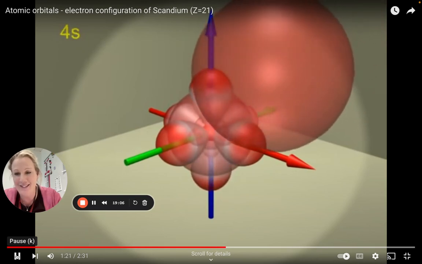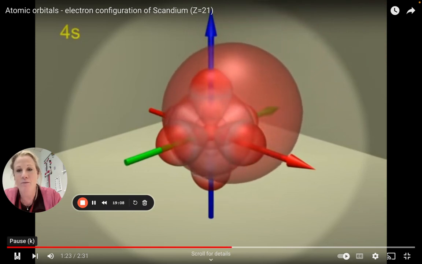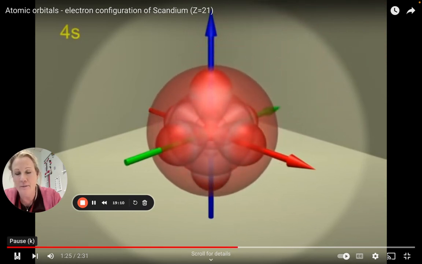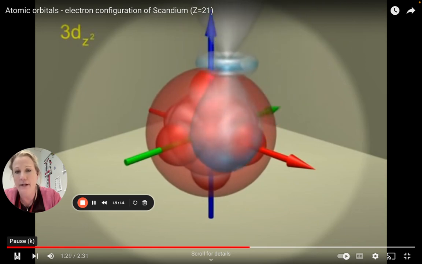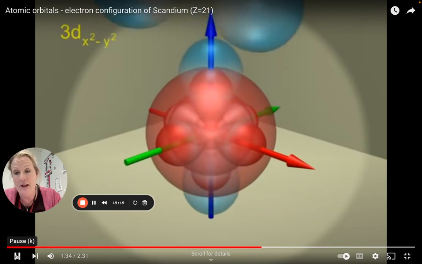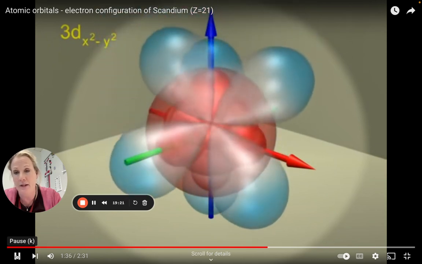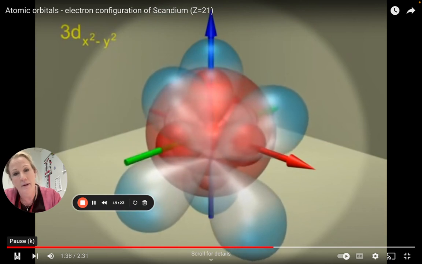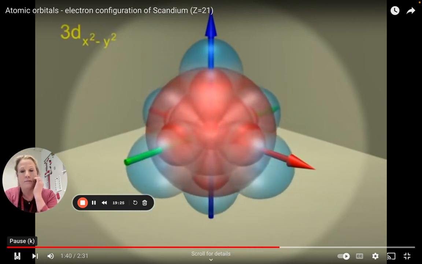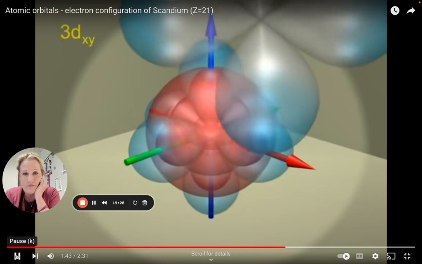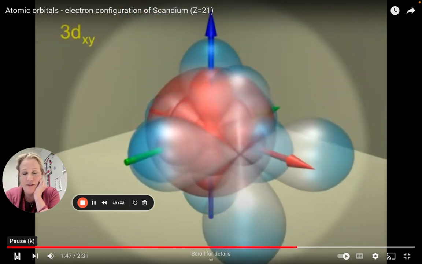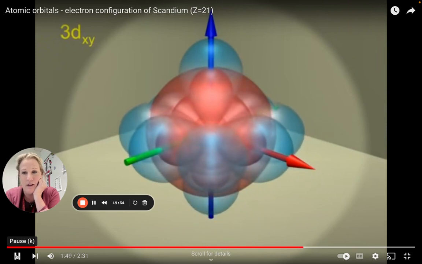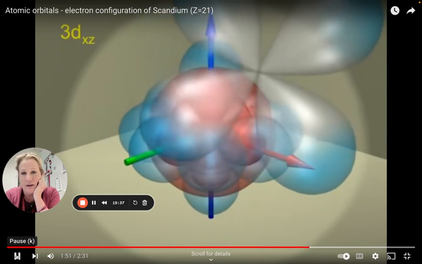And here's 4s. It looks very big, but again, it's just far from the nucleus. It still only has 1 orbital, and it can hold 2 electrons. Here's the Ds. Remember, there's 5 orbitals, so there should be 5 of the D shapes that are going to come in. And so far we're at 2, 3. So orbitals are equal to how many there are going to be? 4.